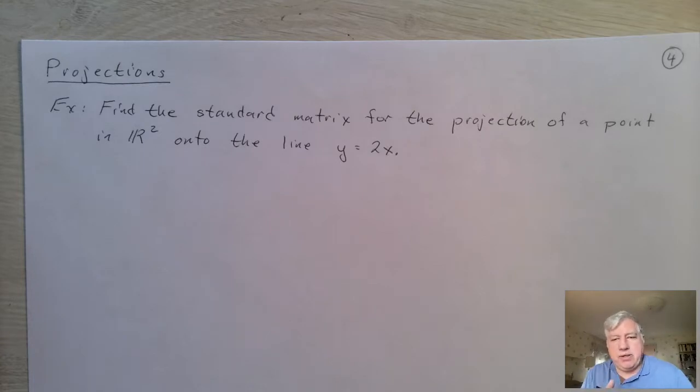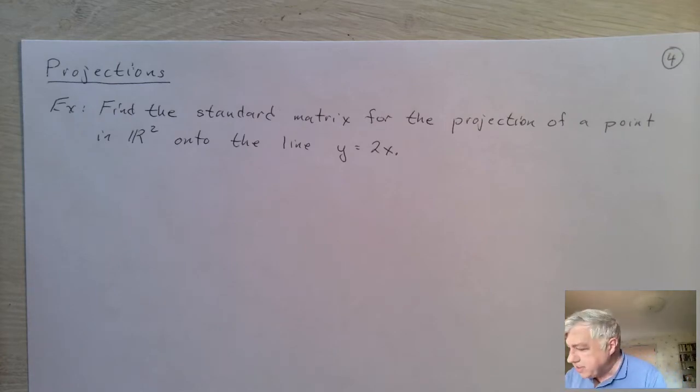But in reality what we're doing is just projecting a vector onto another vector. And we know the formula for that. We've done this before, and that process of sending a vector to its projection is in fact a linear transformation. So we're going to see how that works.